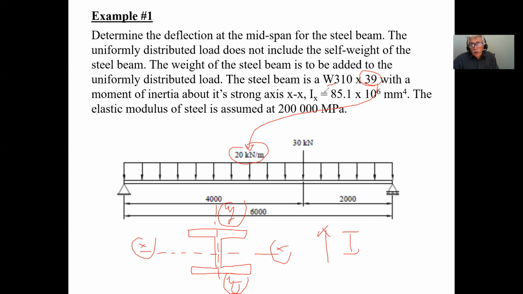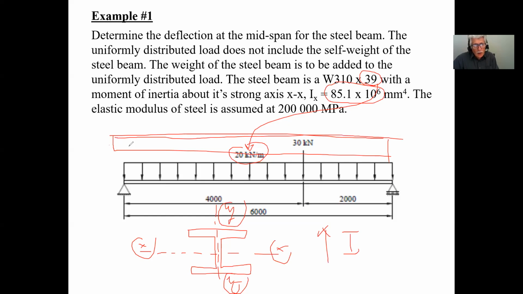In this case, the moment of inertia is about the x-axis, because we will always put the beam spanning this way, and we'll always make sure that the x-axis is perpendicular to how we're applying the load. That's how we normally place the beam. So we always place the strong axis perpendicular to how the loads are being applied, so that we can control deflection. And also at the same time, it also, anyways, I won't get into that right now.